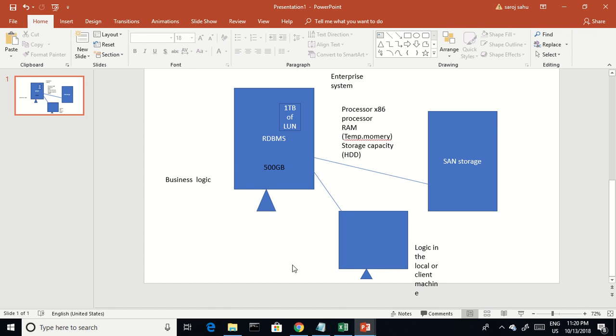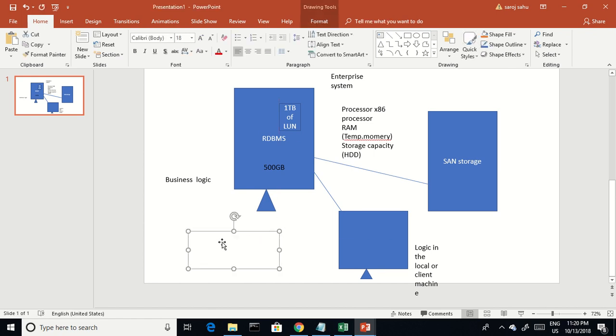So here what we concluded is that it produces two problems. One is a processing problem, another is a storage problem.